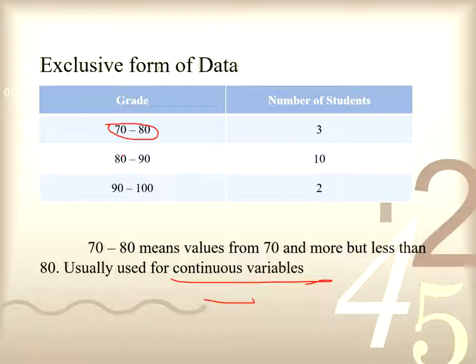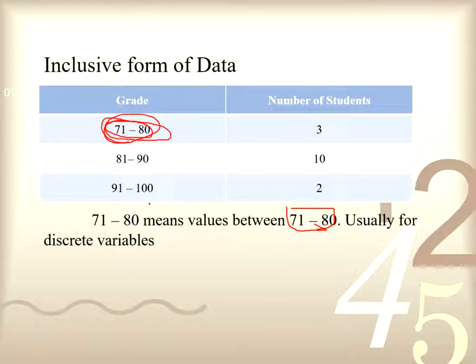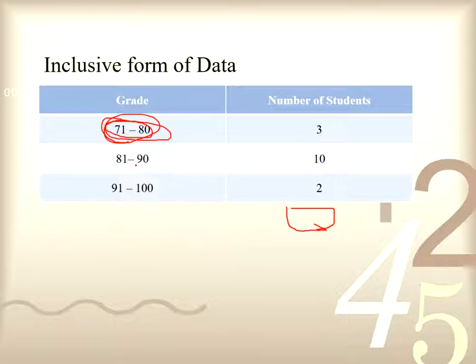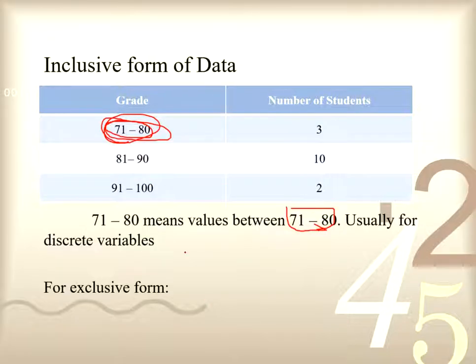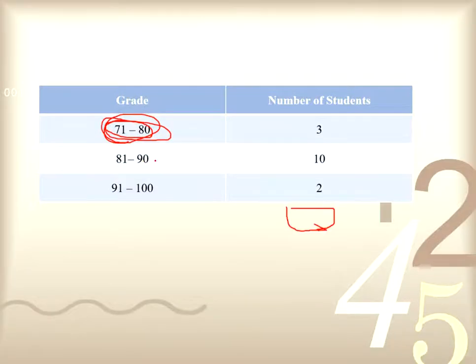Pag 80, dito na siya sa kasunod. Okay? So, yung exclusive, 70 to 80, values between 70 to 79.9. So, once mag-80, dito na siya. Dito naman, sakto, 71 to 80. Mga whole numbers yan.